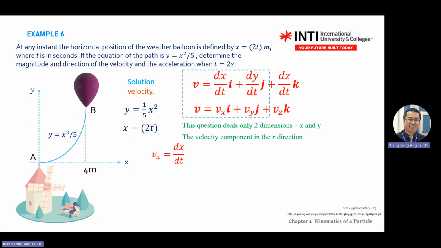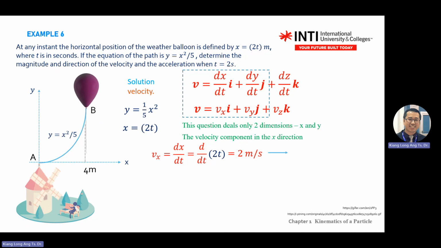You don't need to write the second equation here. You only need to write this one, then apply what you learn. Vx equals 2, the unit is 2 meters per second. Okay, 2 meters per second. With the blue color arrow, positive to the right.